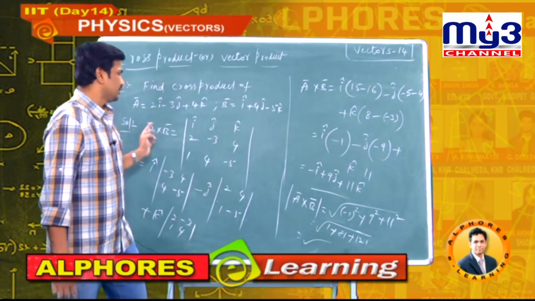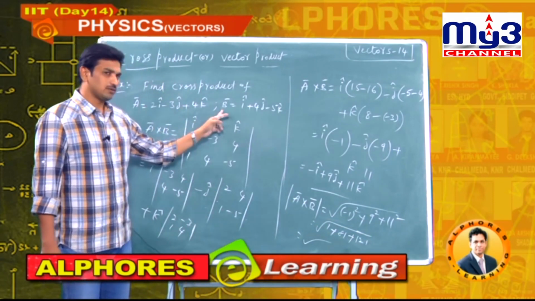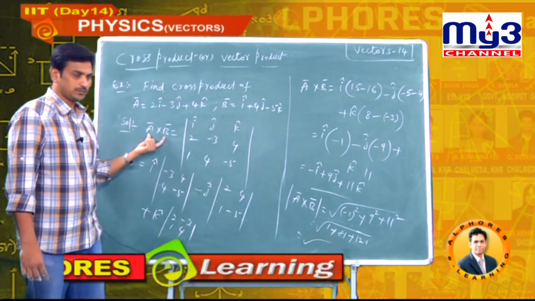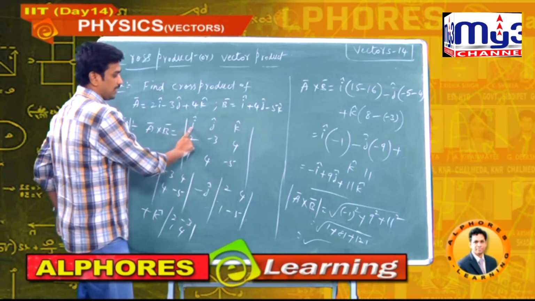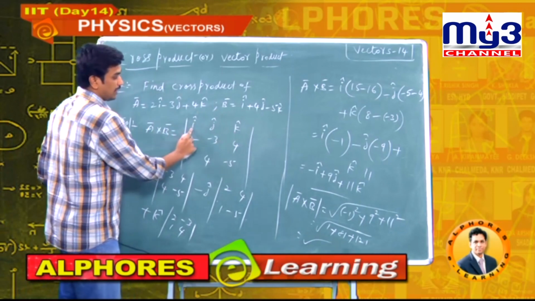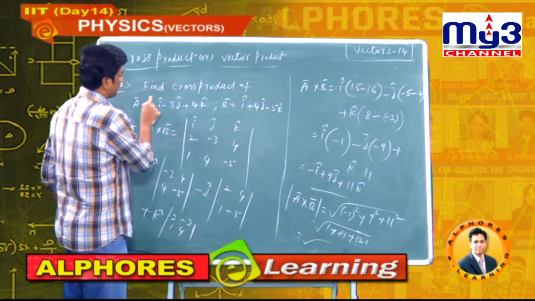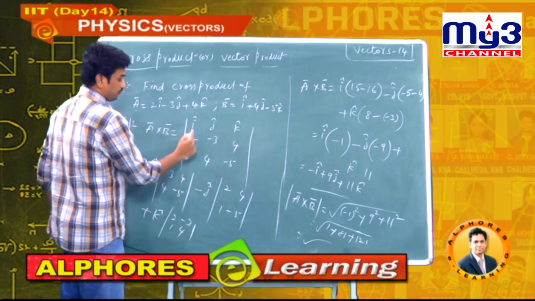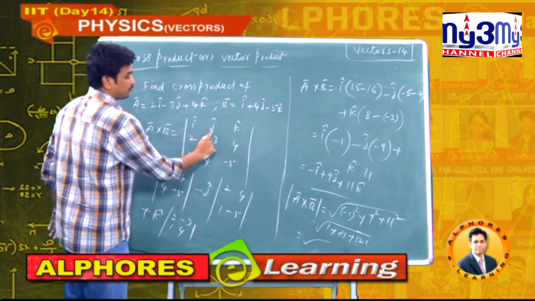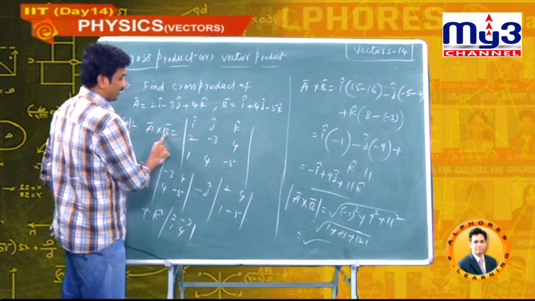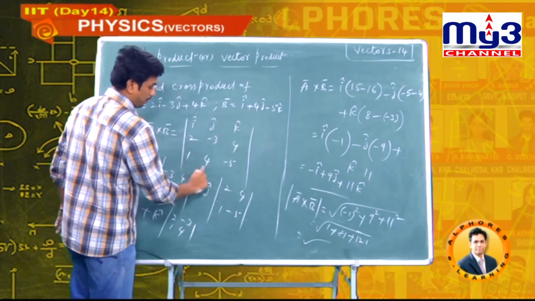What I did here: A bar I know, B bar I know, and they are asking us to calculate the cross product. How to do the cross product? I cap, J cap, K cap. Coefficients in A bar: 2, minus 3, 4. Coefficients in the second one: 1, 4, minus 5.